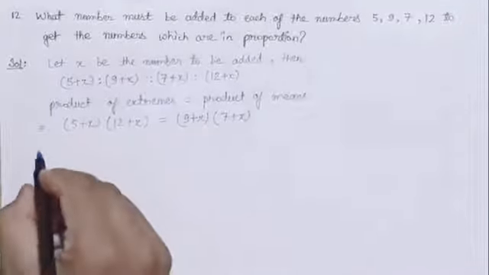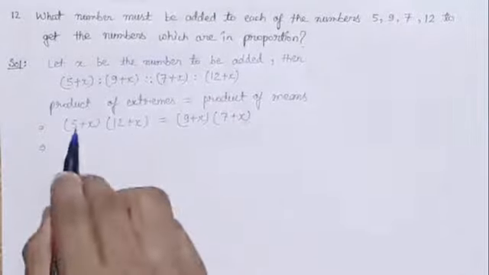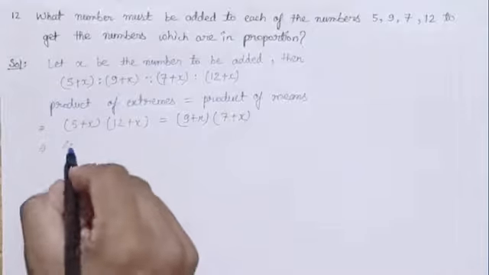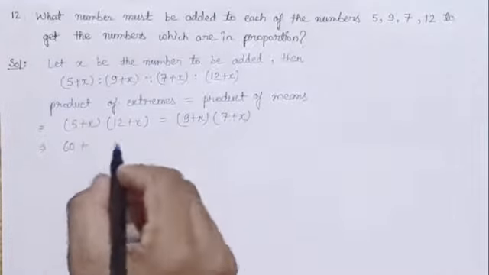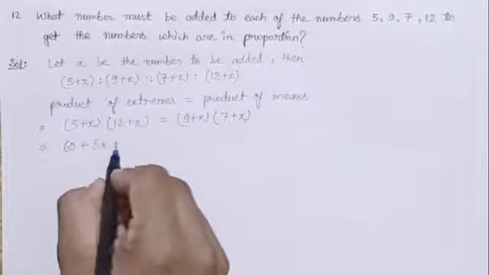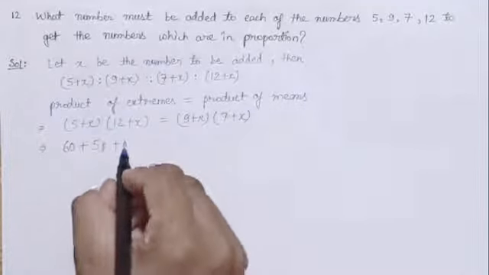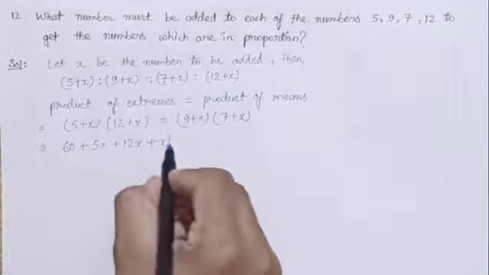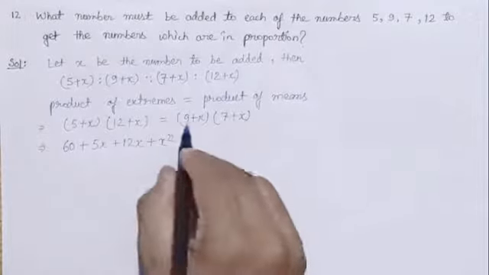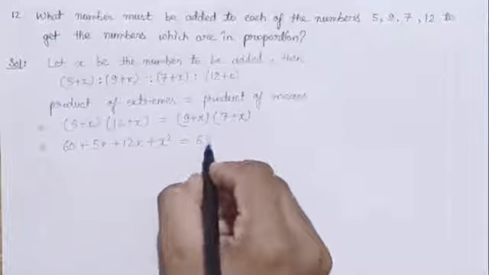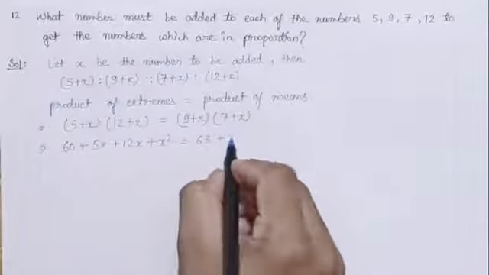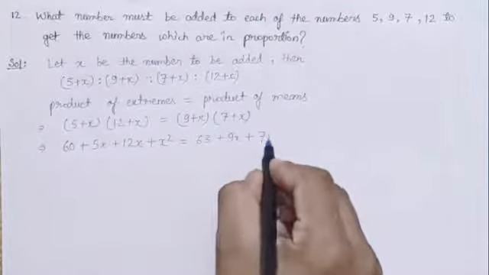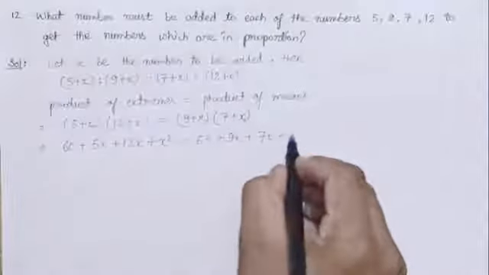Now let us solve this question. 5 plus x into 12 plus x: 5 into 12 comes out to be 60, plus 5 into x, 5x, plus x into 12, 12x, plus x into x, x square, equals 9 into 7, 63, plus 9 into x, 9x, plus x into 7, 7x, plus x into x, x square.